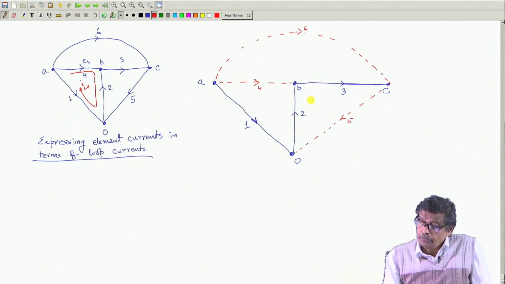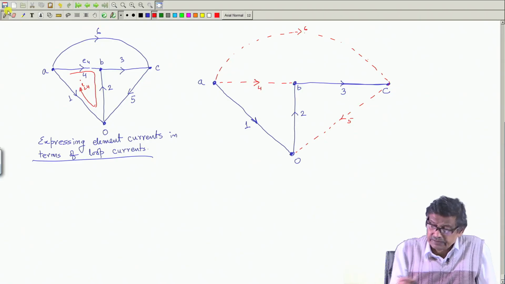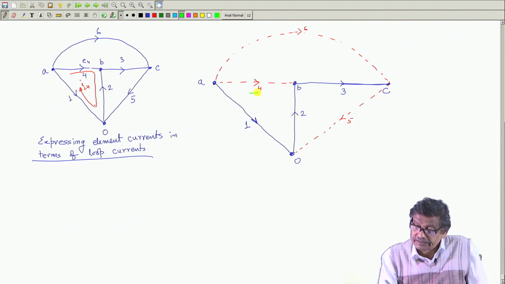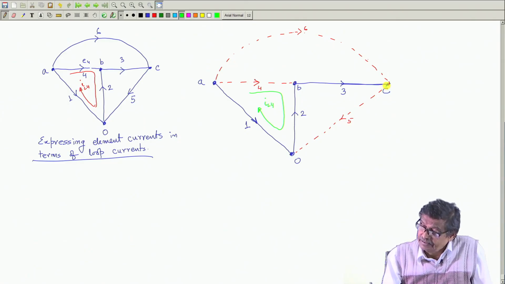What is the next loop current? So, in this diagram if I show, it will be like this. Let me use a different color. So, this is IL4 in this loop, IL4. Where will be IL5?